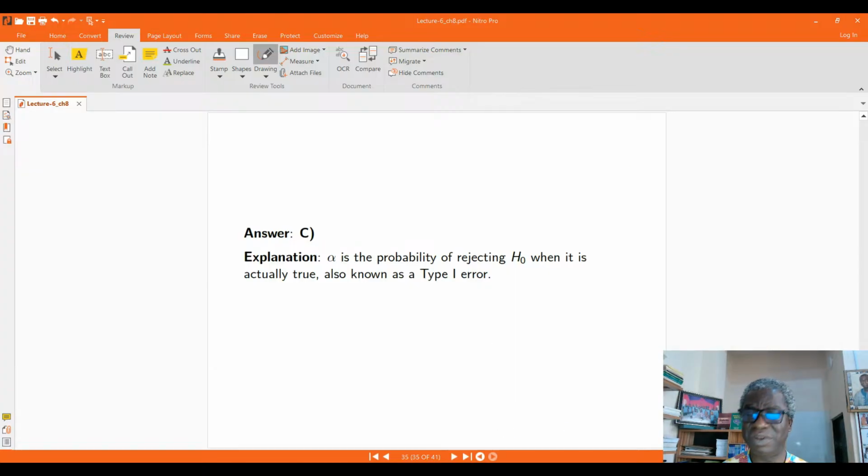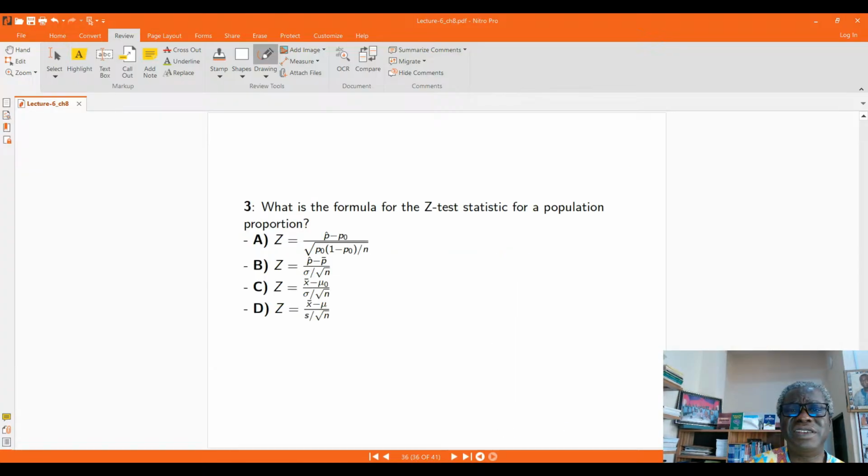So, number 3, what is the formula for the Z-test statistic for a population proportion? Not difference now, for a population proportion. You can see the formula yourself: A, B, C. We are talking here about population proportion.